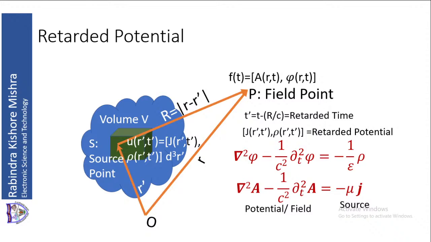We call it t dash, the retarded time, because the present time is t. A negative travel in t gives us t dash equal to t minus R upon c. This is called retarded time, and the potential corresponding to retarded time is called the retarded potential.